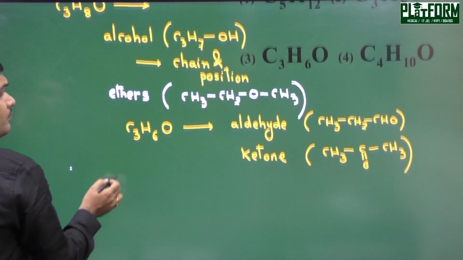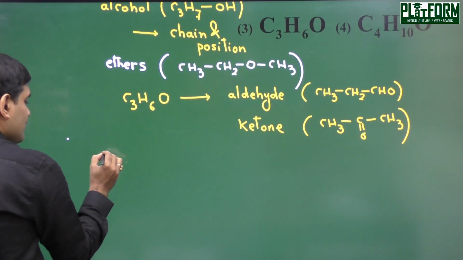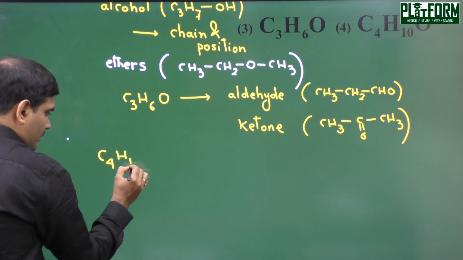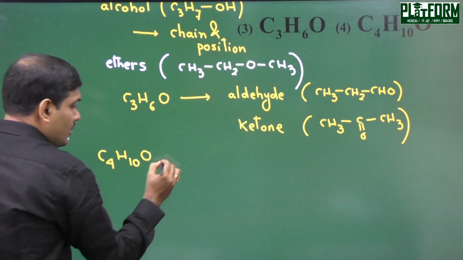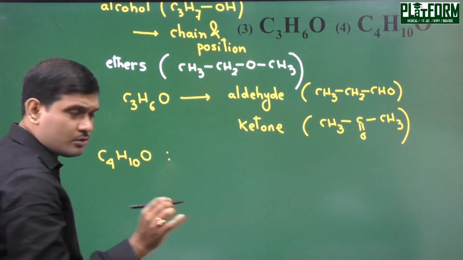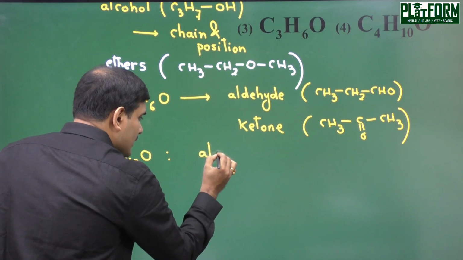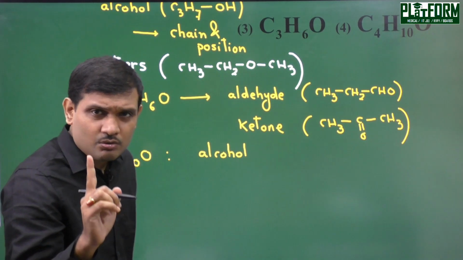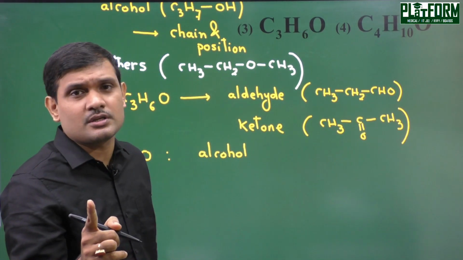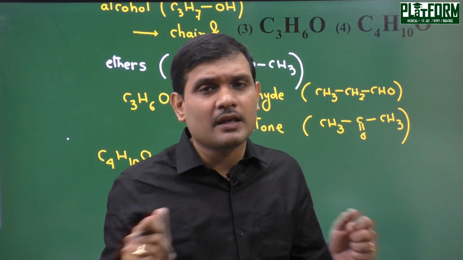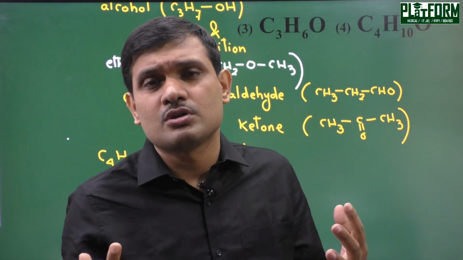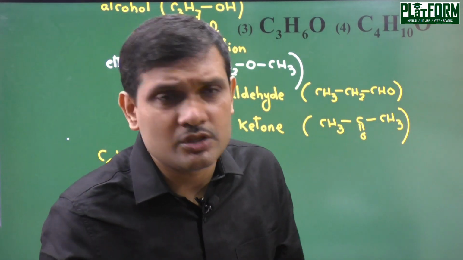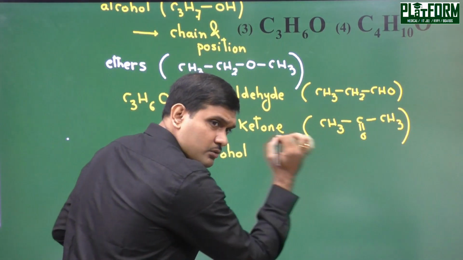Now if we go for C4H10O, you can produce alcohols, but already I discussed that alcohol systems cannot produce metameric variety. Alcohols can produce isomers only with respect to position and chain, so we don't discuss the alcohols.